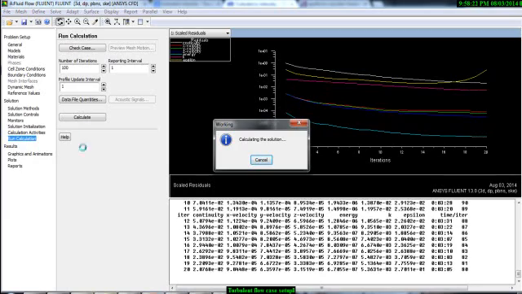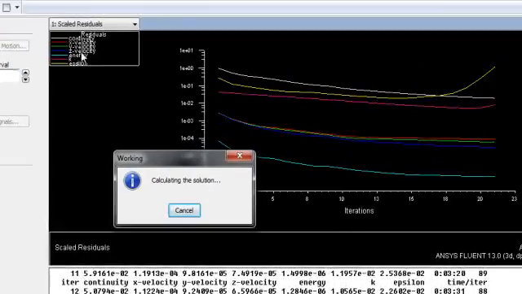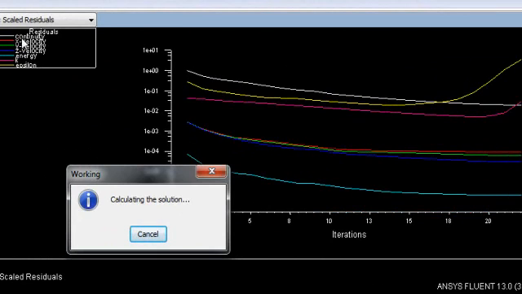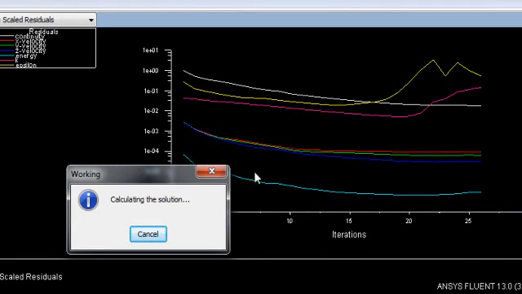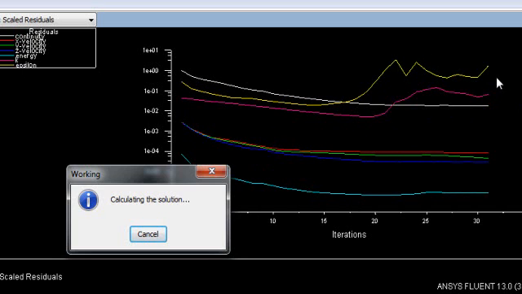And here you will see the curves. The white one is for continuity, the red, blue and green ones are for x, y and z velocity. You also have the energy equation and the turbulent kinetic energy, which is the pink line, and the epsilon, that is the yellow line, the turbulent dissipation rate.